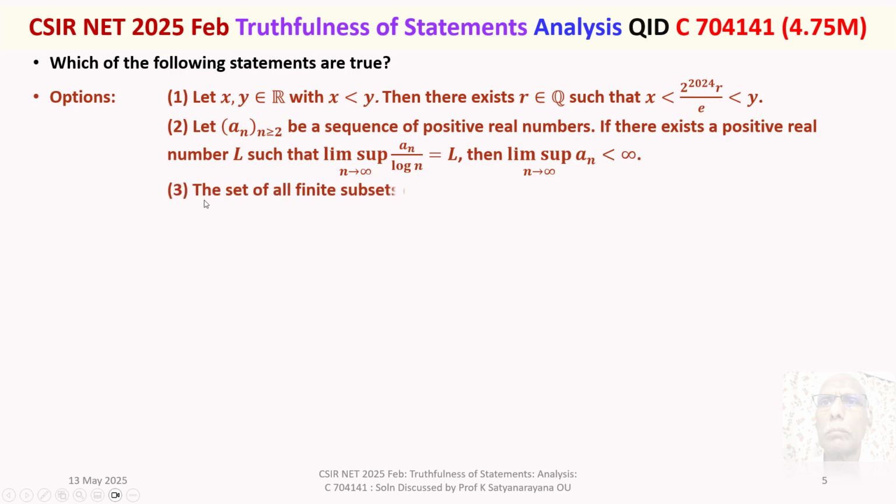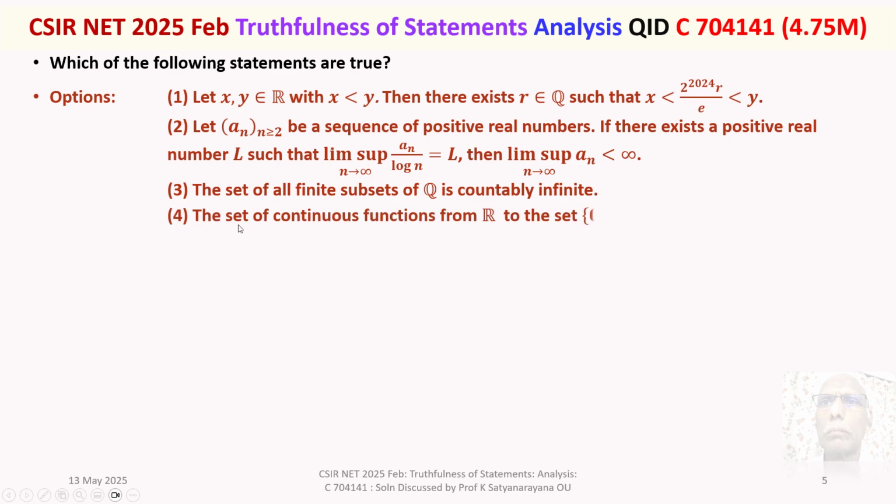Option 3: the set of all finite subsets of Q is countably infinite. Option 4: the set of continuous functions from R to the set consisting of two elements 0, 1 is finite.